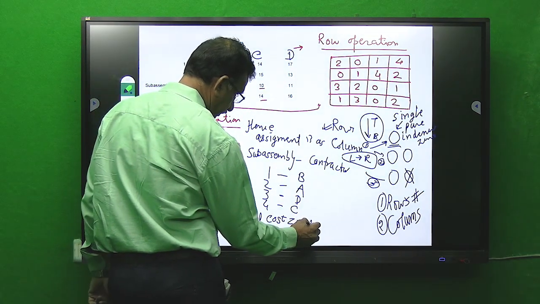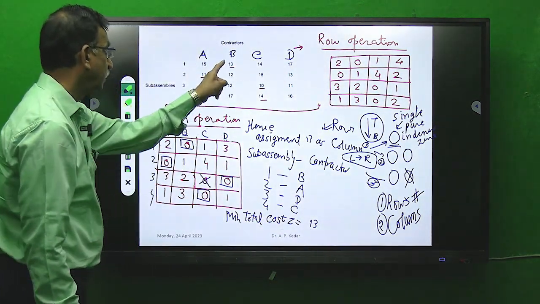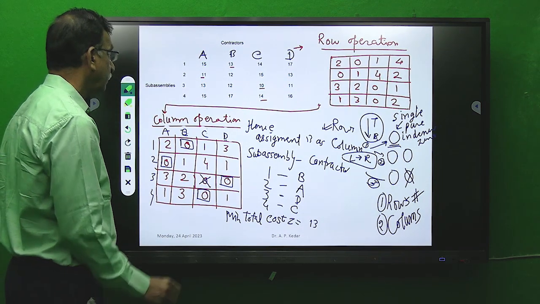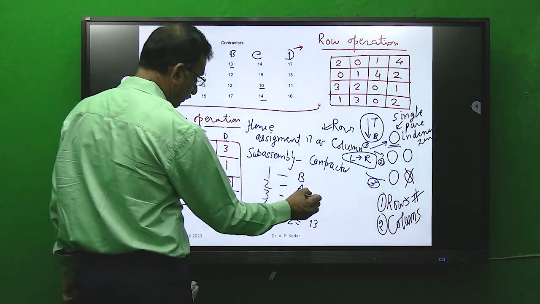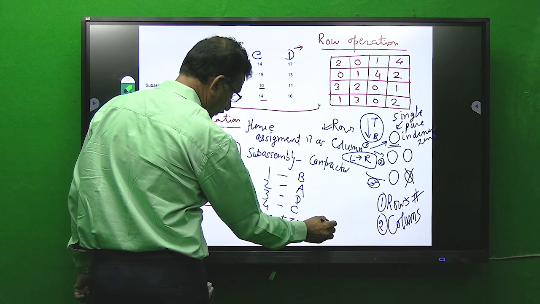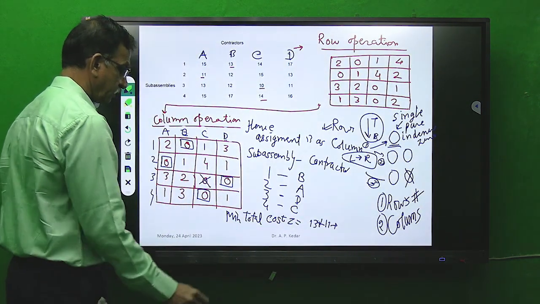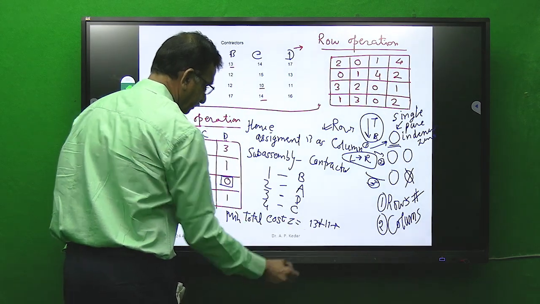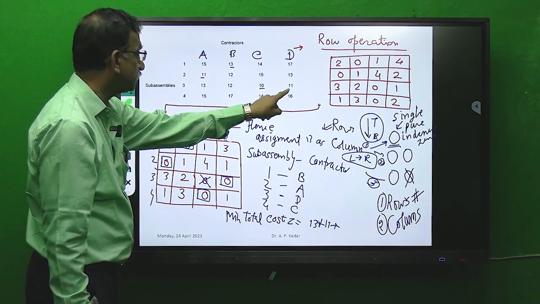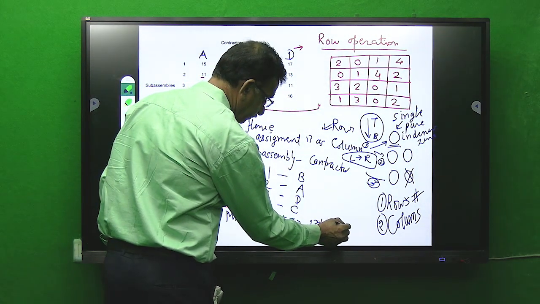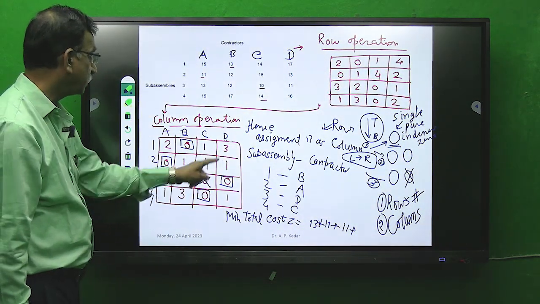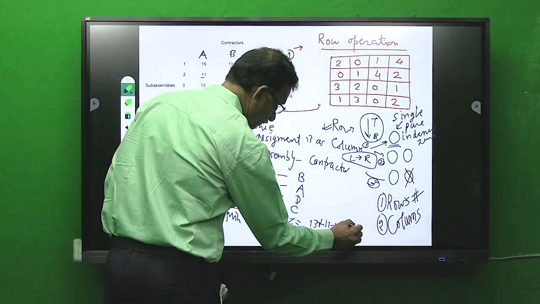So I will be writing 13. 2A cost is 11, plus 11, plus 3D cost is 11, plus 4C cost is 14.